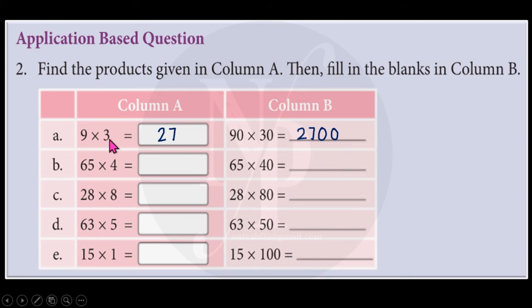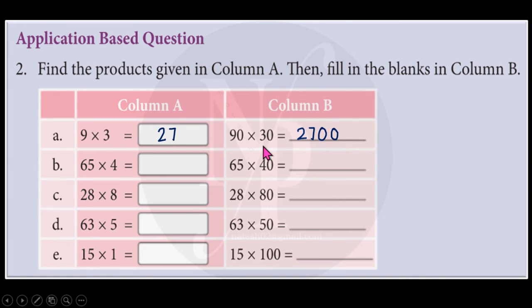Product of 9 and 3 is 27, whereas the product of 90 and 30 will be 2700. So to find this, we just referred to this answer and wrote the number of zeros looking at the numbers given in column B.